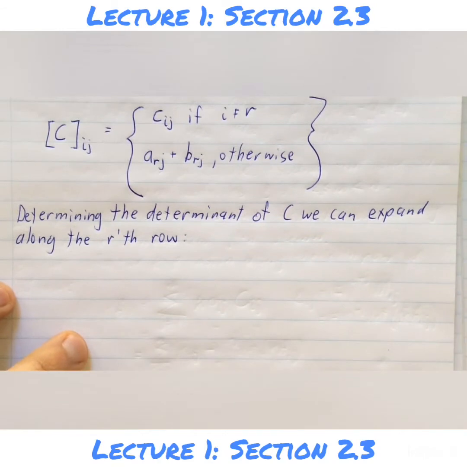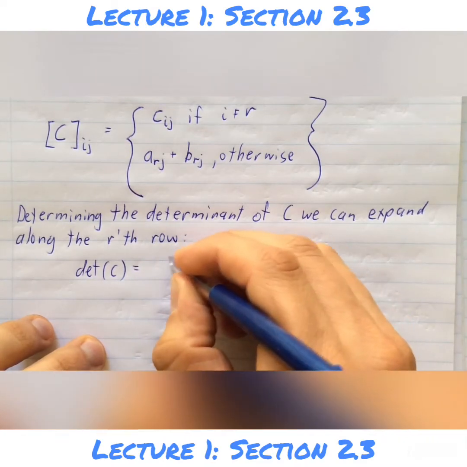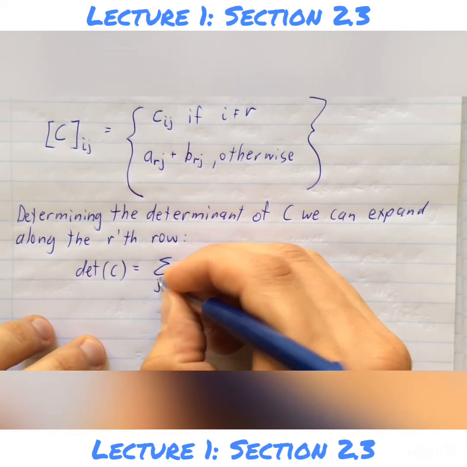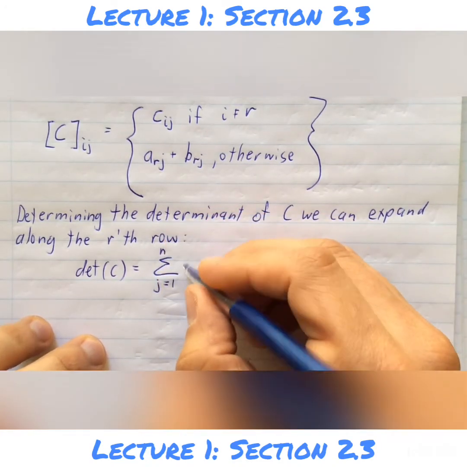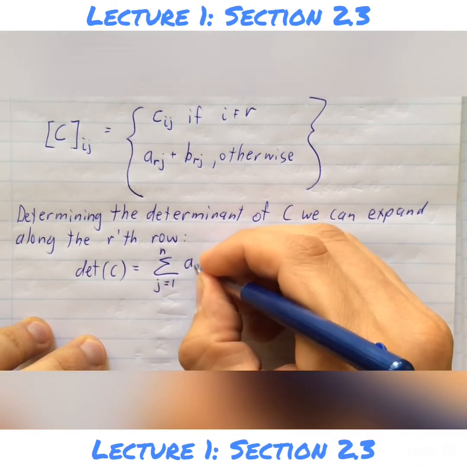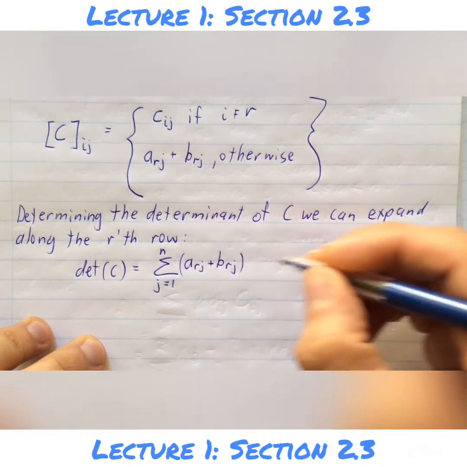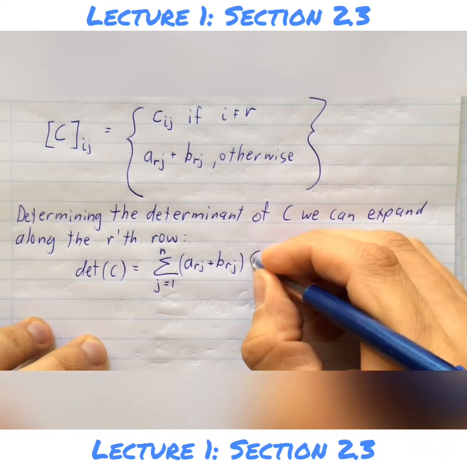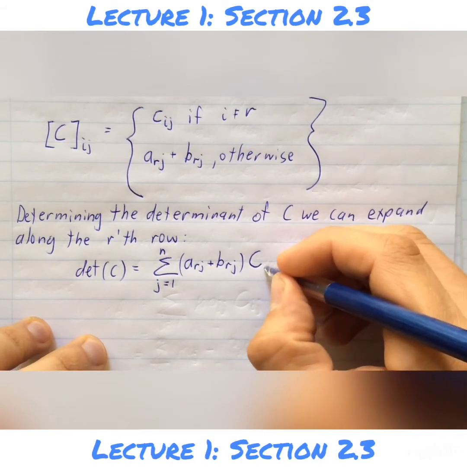So expansion along the rth row will give me the determinant of C, and the determinant of C is going to be this cofactor expansion. So you're going to sum over the indices j from 1 up until n. You're going to look at the entry in the rth row and jth column of C, which in this case is that quantity there. And you're going to multiply that with the cofactor of the entry in the rth row and jth column.